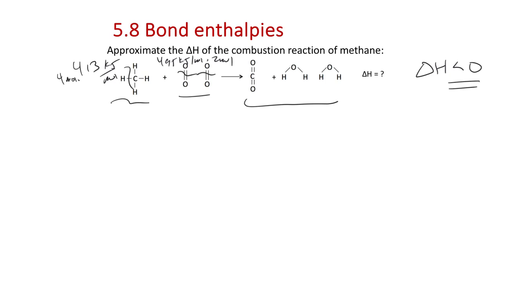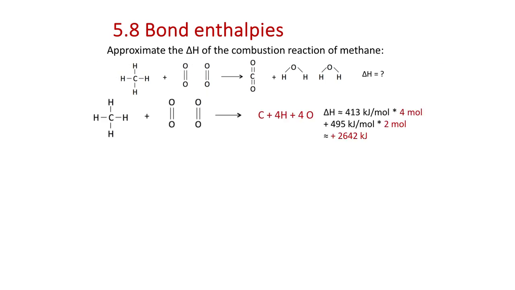And so we can quantify how much energy it takes to break those bonds into their atom fragments. So to go to carbon plus 4 hydrogens plus 4 oxygens takes 413 kJs per mole times 4, and 495 kJs per mole times 2. So collectively, we have to have this reaction absorb plus 2642 kJs per mole if it were to break all of its bonds.